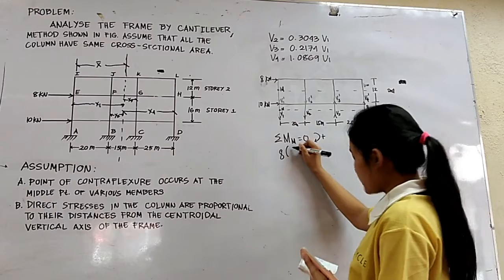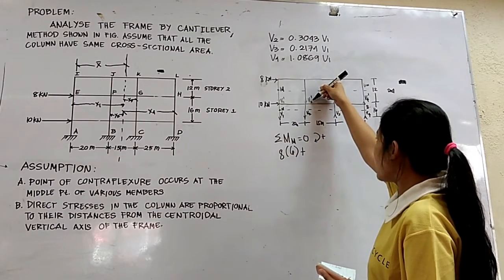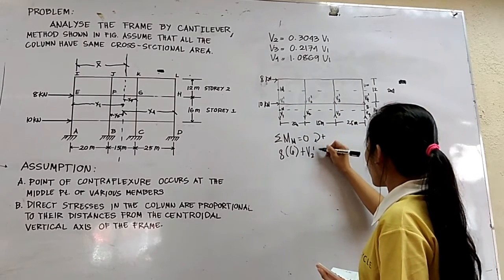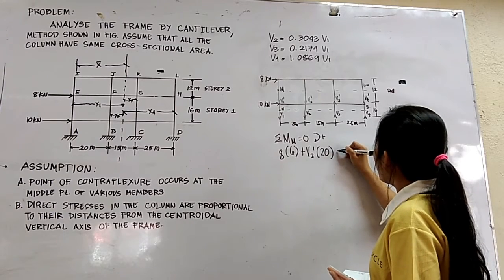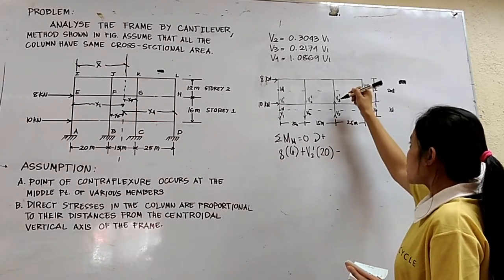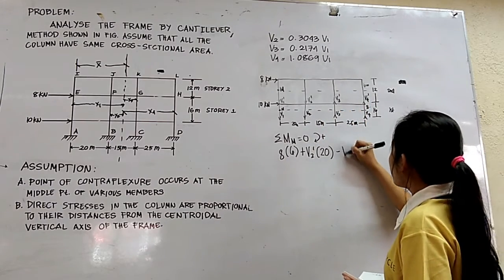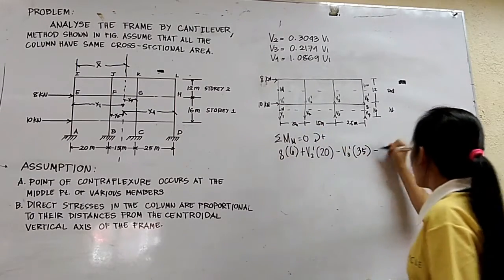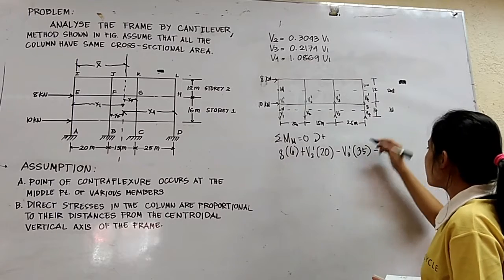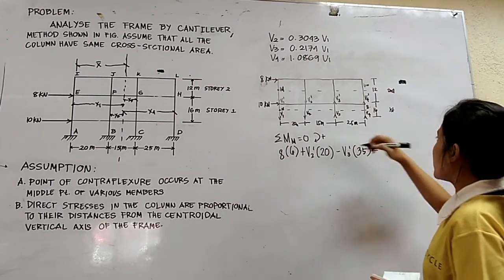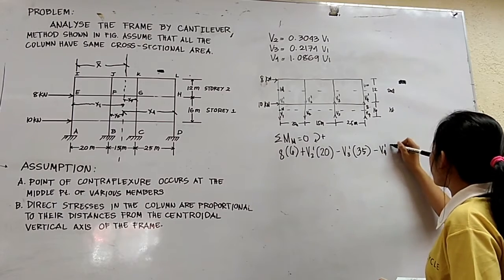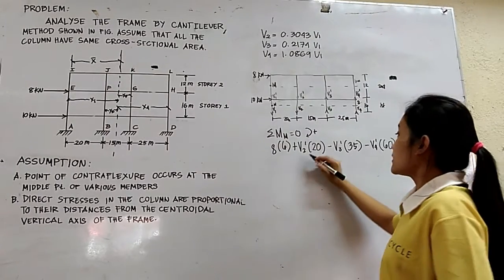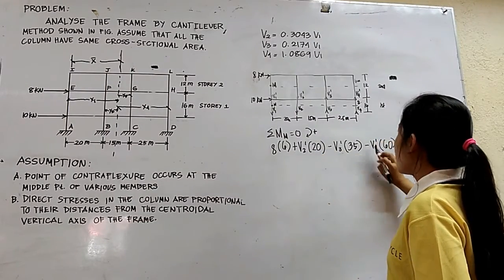So, 8 times 6, plus V2 prime, whose distance is 20 meters, times 20 meters, minus, then the direction of V3 is counterclockwise, V3 prime, the distance is 35, minus V4, then minus also because its direction is counterclockwise, V4 prime, times 60 is equal to 0. Let's simplify the values of V2, V3, V4 in terms of V1 prime.